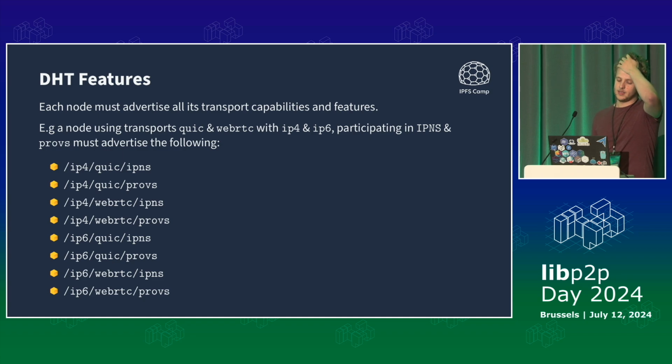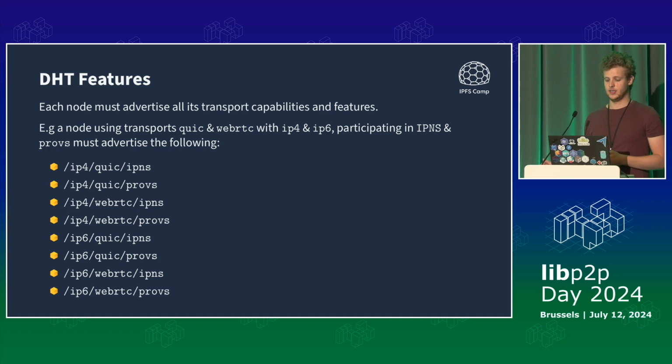Now we broke the DHT into sub-DHTs out of the transport, and we can also do so out of the features. What I call features is, for instance, in the IPFS DHT, you can use provider records if you're looking for content, but you can also use IPNS, which is a slightly different mechanism.